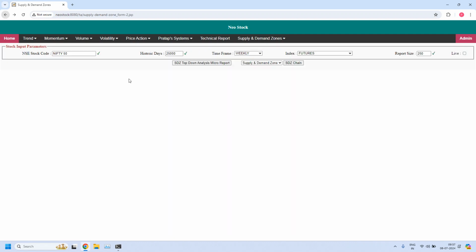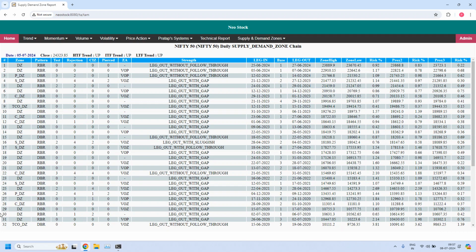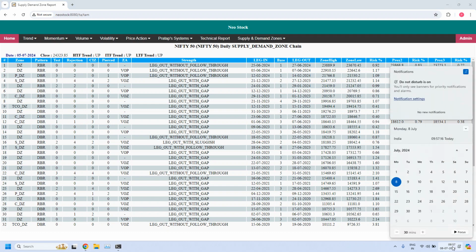Okay, I'm going back, changing the time frame to daily. I'm generating the daily supply demand zone chain for Nifty. Thursday.